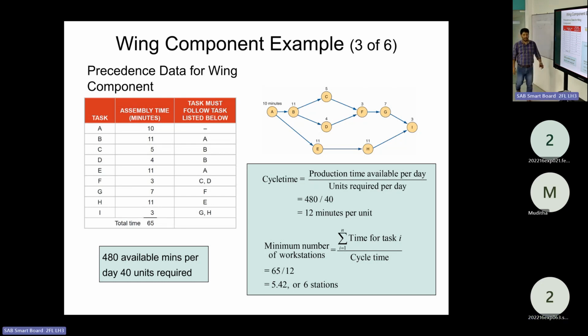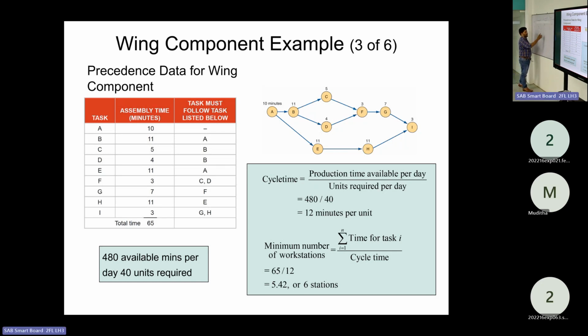Let me read it for you so that you can understand. There is one column called workstation, another column remaining time, then the feasible task and the task assigned. Those are the 4 columns. So far we completed one workstation that had 12 minutes at the beginning.